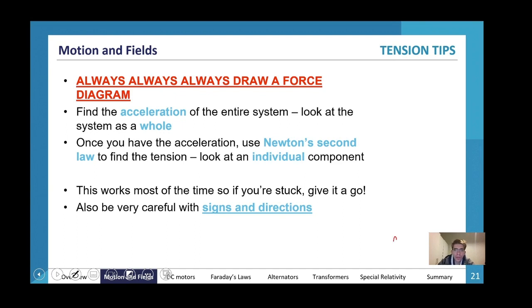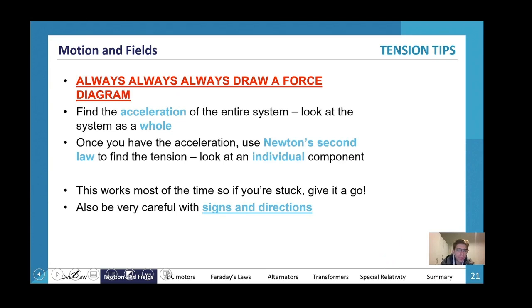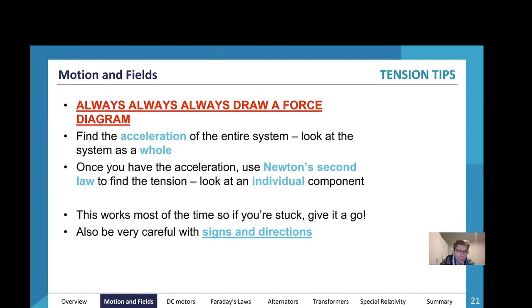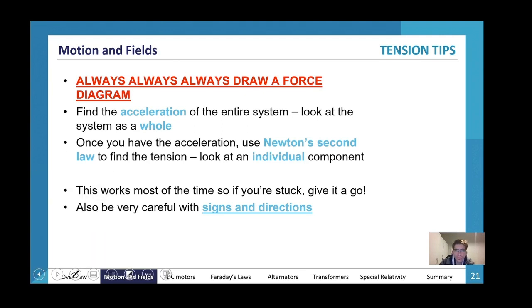So if we're talking, for example, about a pulley system, first of all, you need to try and find the acceleration of the entire system by looking at the system as a whole. So in the case of a pulley system, I will draw it here so it's easy for you to see.